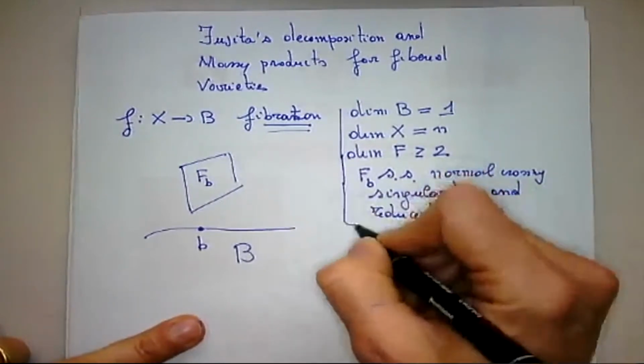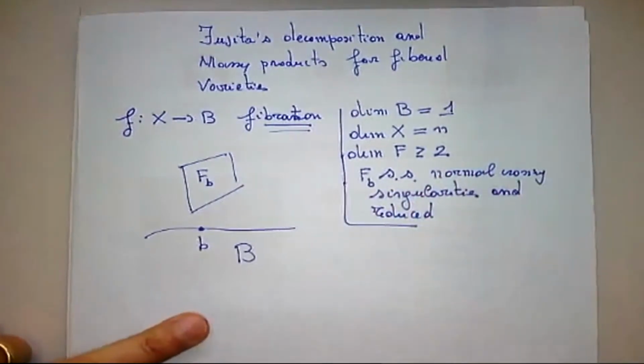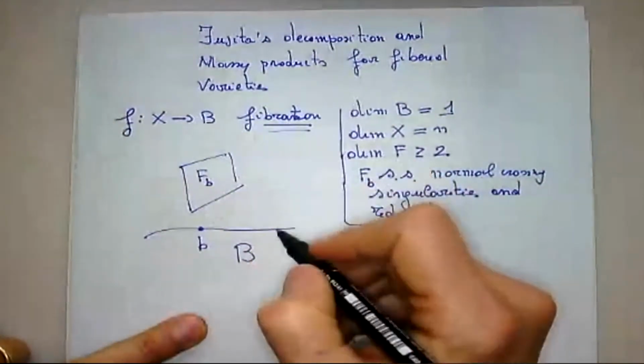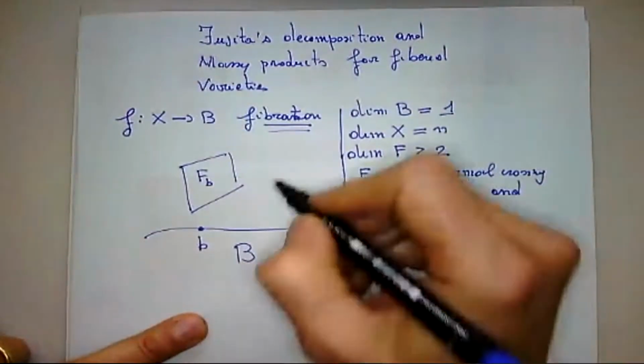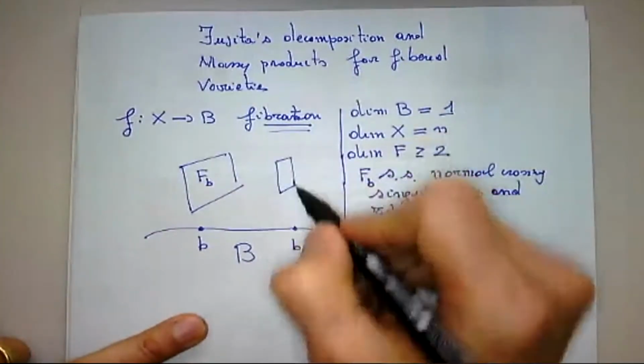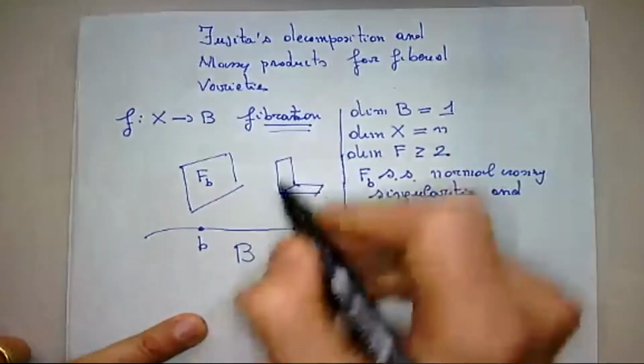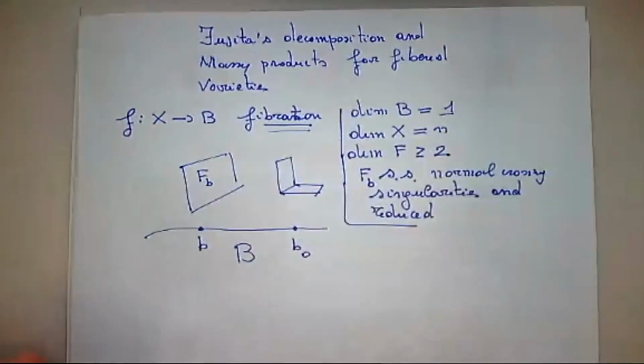In particular, there are no multiple fibers, and to grasp what can happen on some bad value, b_0, you can have something like this, where the whole fiber splits, but in a very good way, the best way you can imagine.